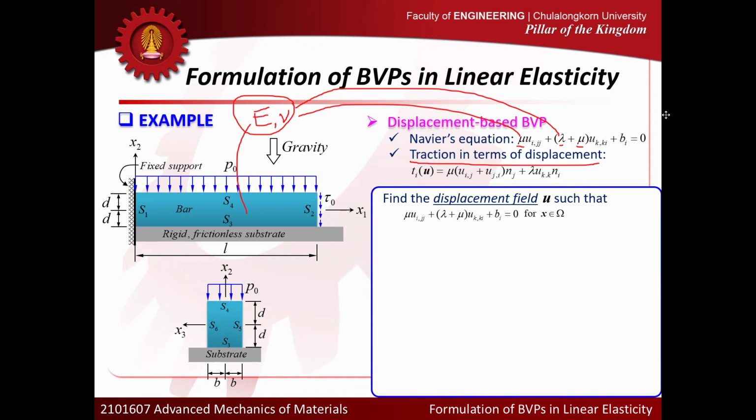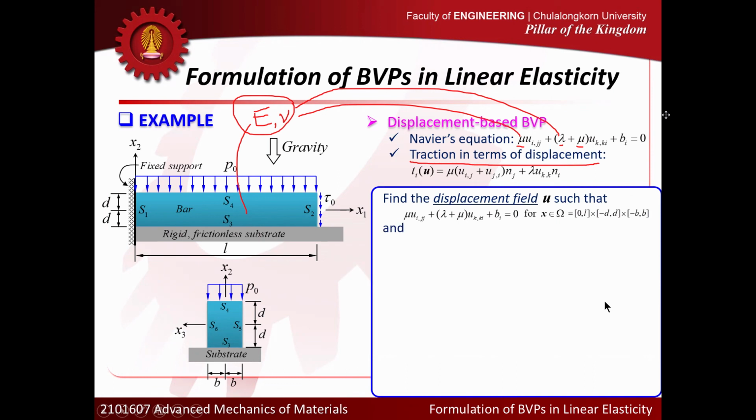Is that clear to you? And don't forget that the body here has to be specific to the one we are interested in. That is the information of the body.